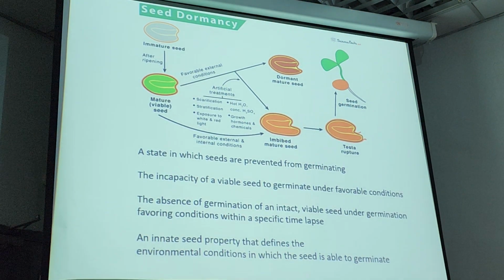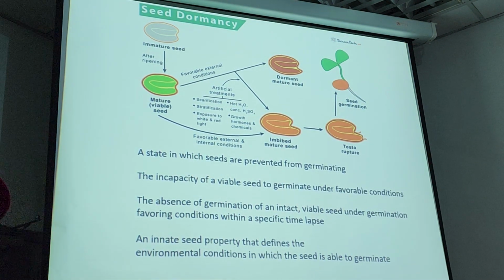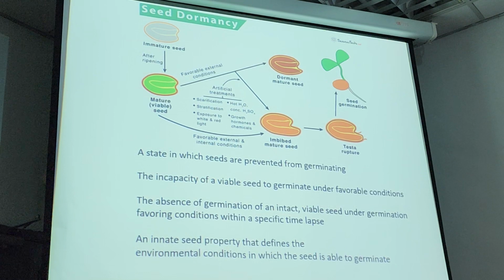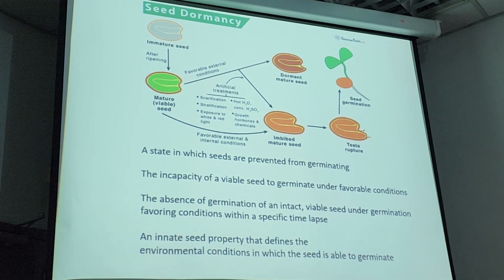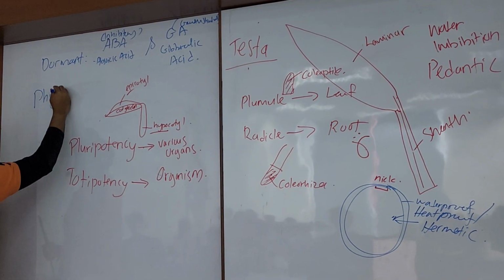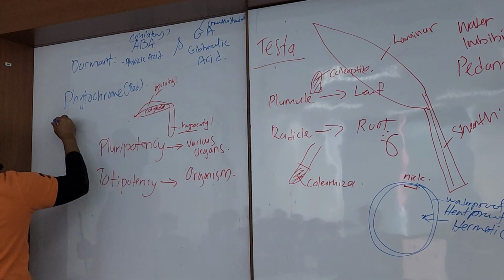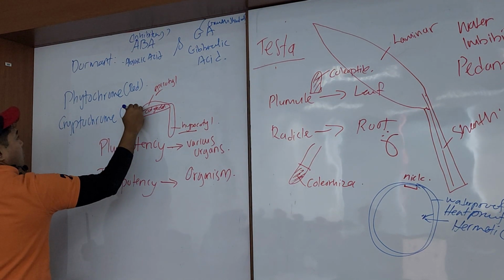Seeds have cells. On the surface of the cells are equipped with various antennae. These antennae are very sensitive to certain light, especially blue and red lights. These antennae are actually a special type of proteins. We call it phytochrome to detect the red light, and we have cryptochrome to detect blue.